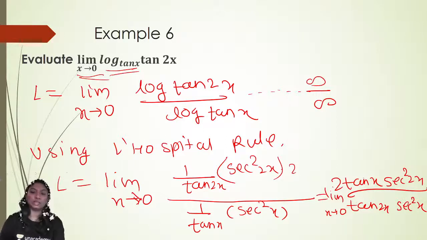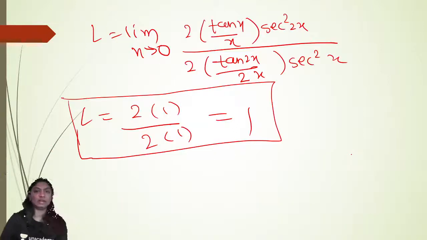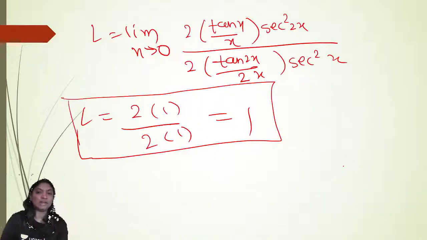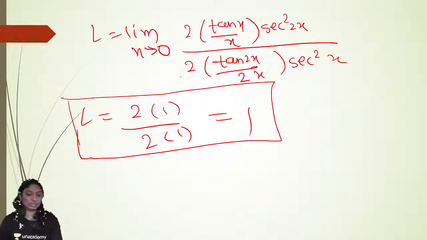So by using that, we can write here 2 into tan x upon x, here 2 into tan 2x upon 2x. Now if you observe, this will also get cancelled out. These 2 we adjust here, and here 2 is already there for the derivative. So 2 is already here, and we are adjusting this to x upon 2x, and that 2 is adjusted here.